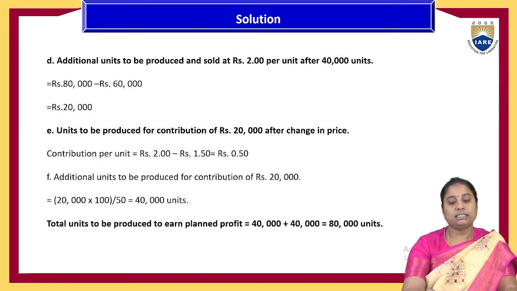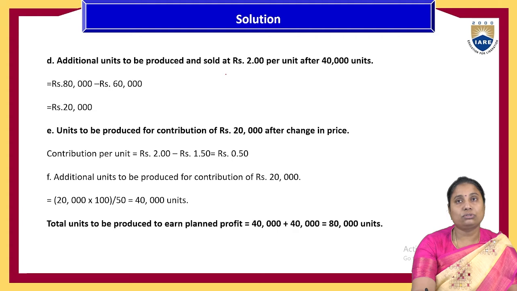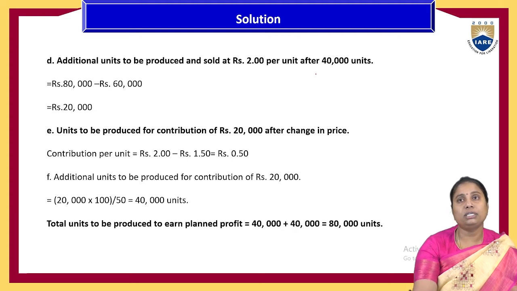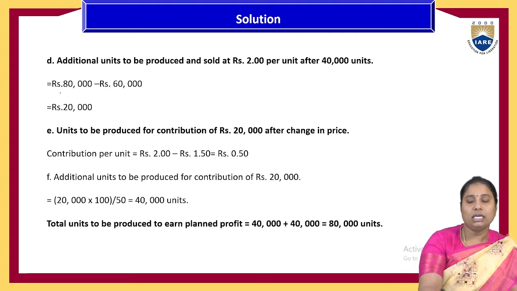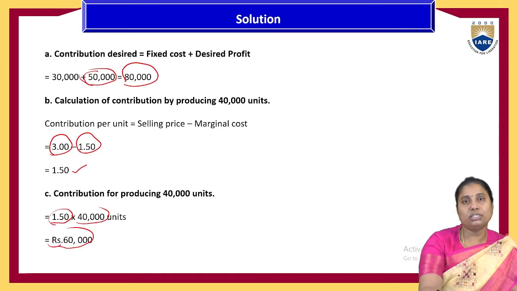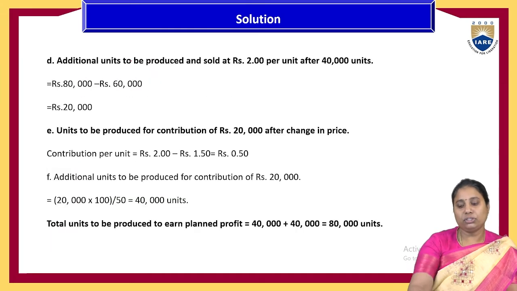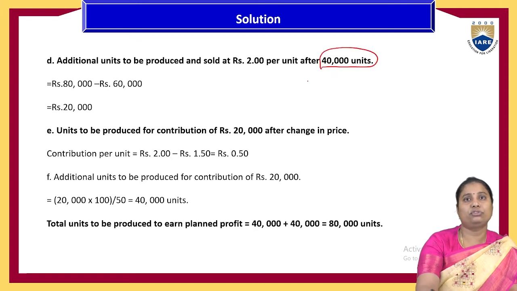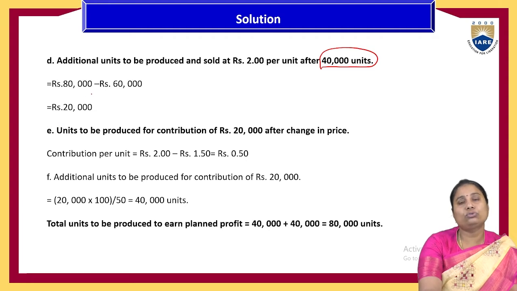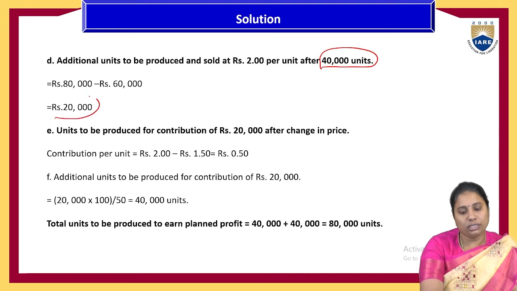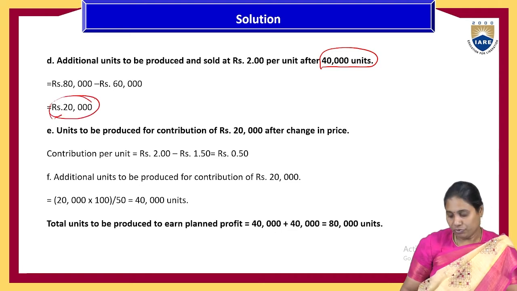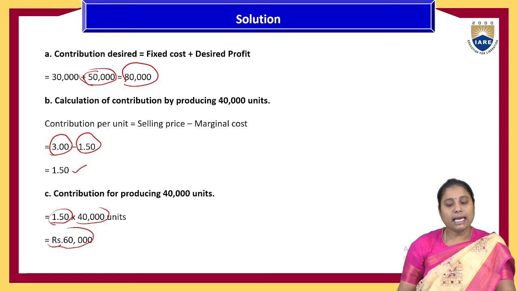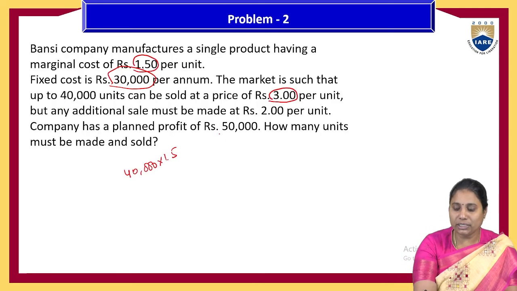The next thing is the additional units to be produced and sold at 2 rupees per unit after 40,000 units. So 80,000 rupees is the contribution they want, out of which 60,000 rupees is already calculated for the 40,000 units. Additionally, if they sell at 2 rupees instead of 3 rupees, it should be 20,000 rupees, because the company is expecting the desired profit of 50,000.